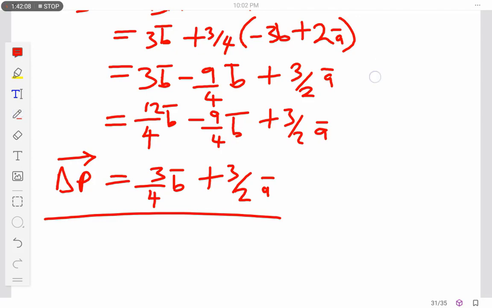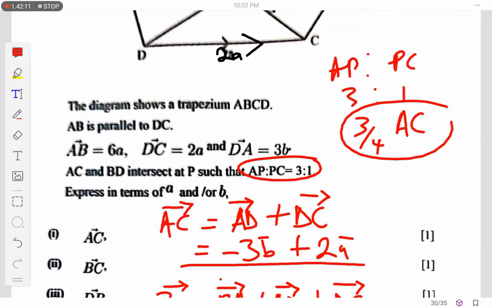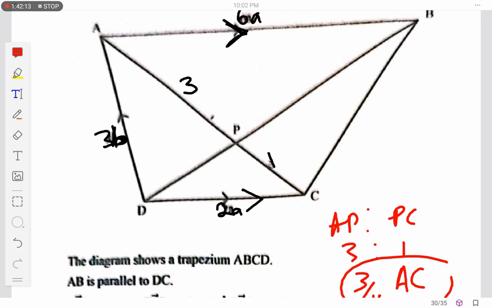Okay, now the last part is saying find PA. So basically when we are finding PA, we are moving from P to A. We can as well use the route DP plus PA, plus 3b.